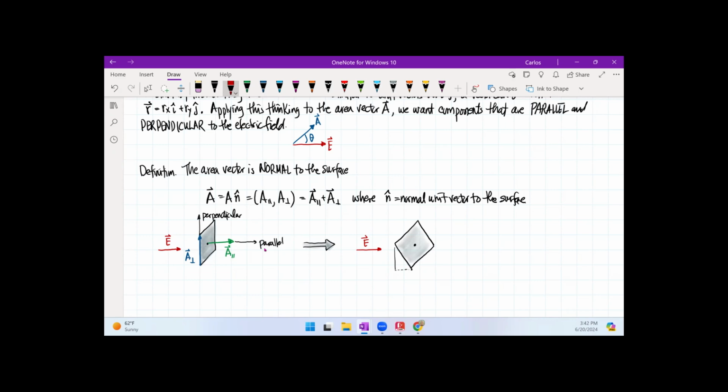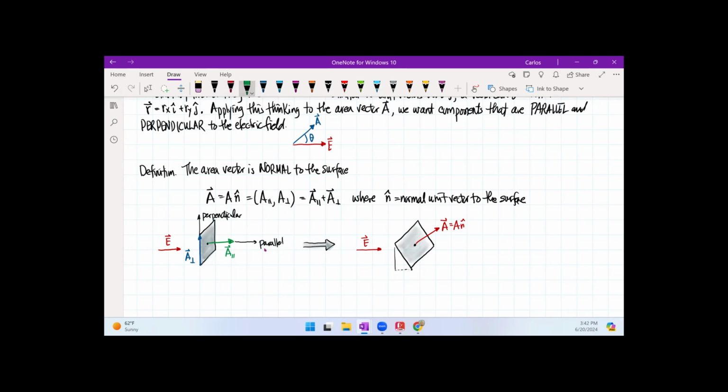So if I look at this thing, then I see that my surface has a vector that can be represented in saying that this guy is popping out at an angle. And this is the area vector, which is A n hat, because that's the vector that's perpendicular.